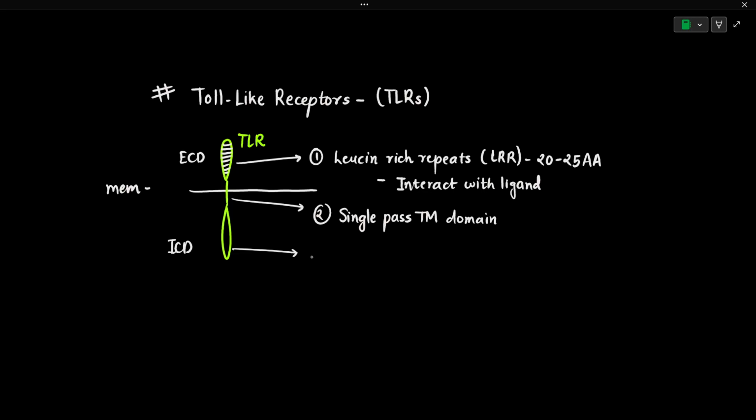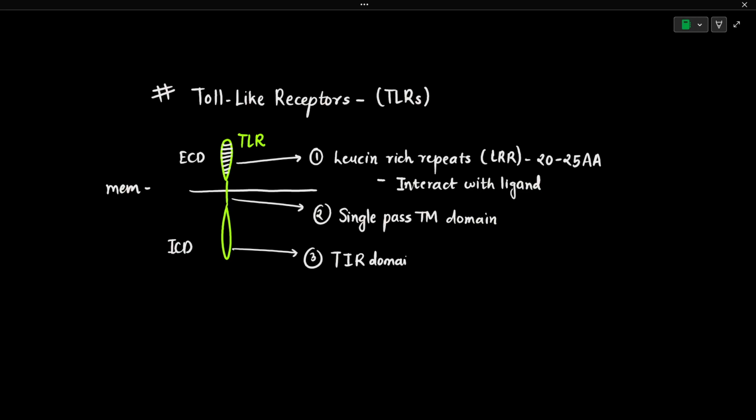This intracellular domain resembles the receptors of IL-1, the receptors which interact with interleukin 1. This intracellular domain resembles the IL-1 receptor, and it is found in toll, and that is why it is referred to as the TIR domain.